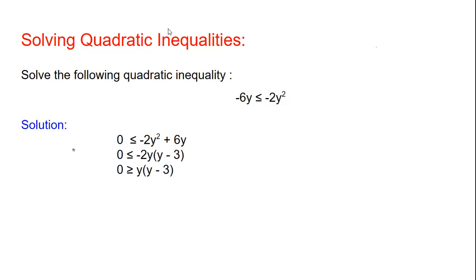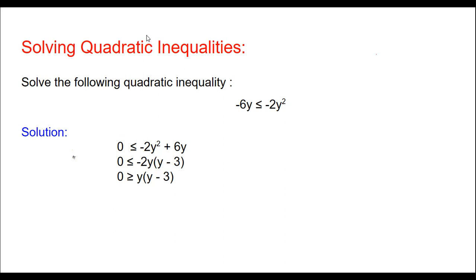Okay, so then since you have 0 being greater than or equal to y into y minus 3, you could also write it as y into y minus 3 being less than and equal to 0.